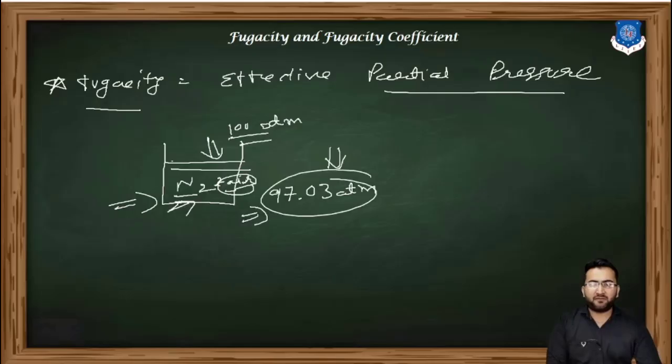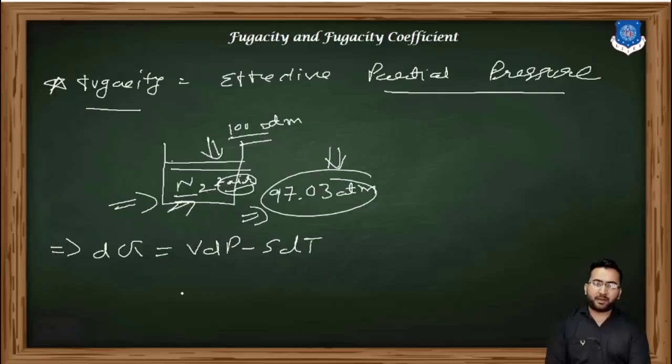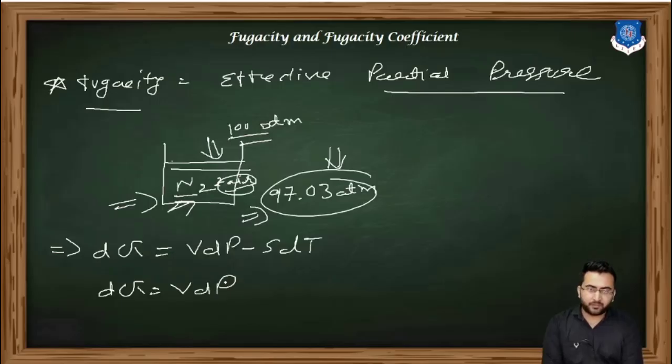Fugacity measures deviation from ideality in terms of chemical potential or partial molar Gibbs free energy. We know the fundamental property relation for Gibbs free energy is dG equal to VdP minus SdT. At constant temperature, this equation becomes dG equal to VdP.